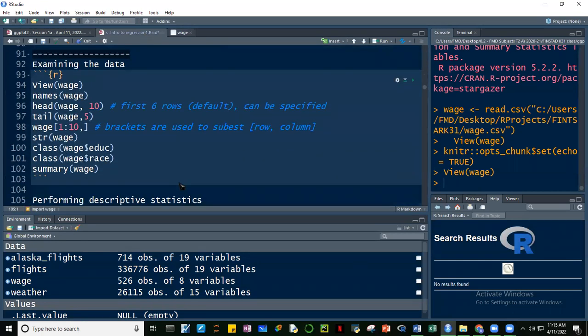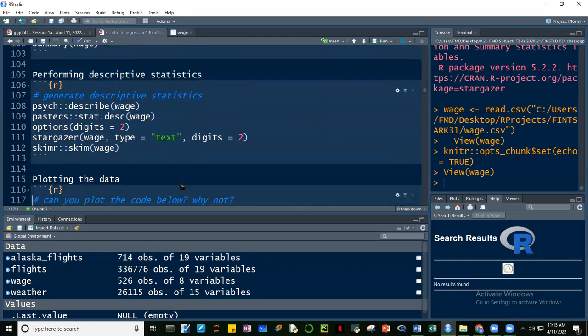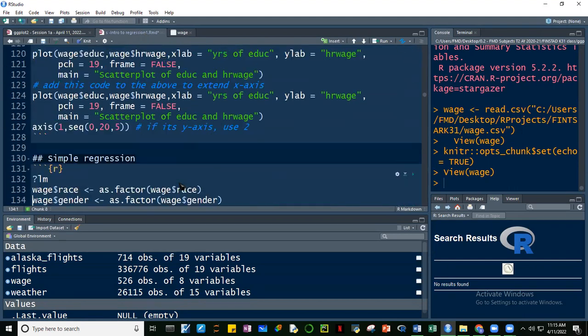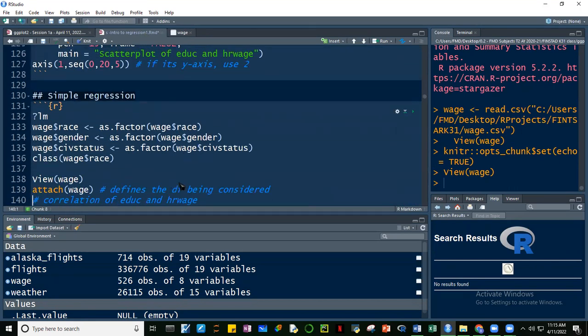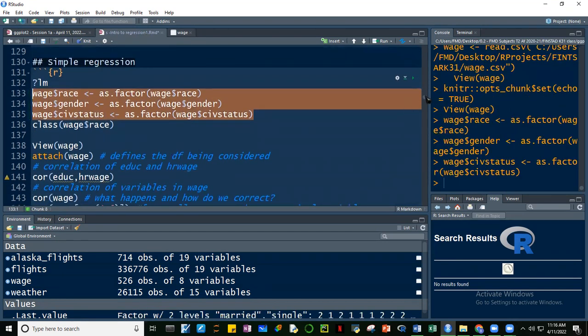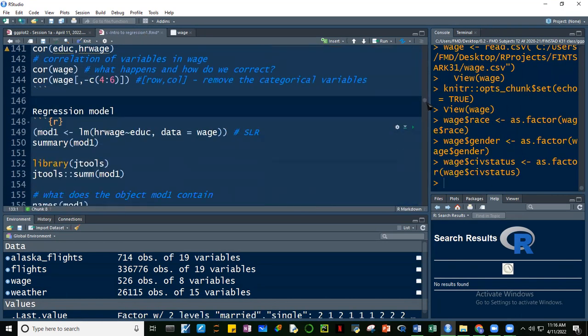So I'll not run that anymore. I won't run anymore the descriptive statistics. This one I'll convert to factors.